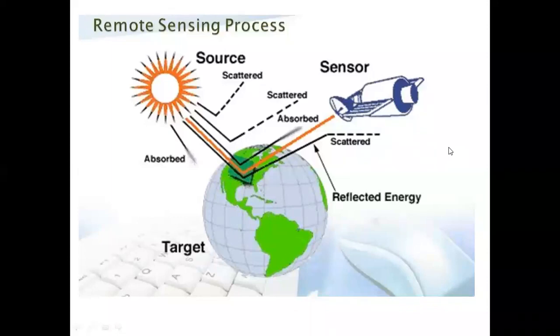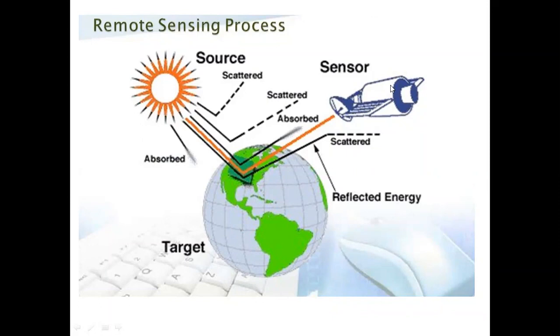Our target is the earth's surface, and we get information without physical contact. So we need satellites, where sensors are put on platforms. It is called a satellite.